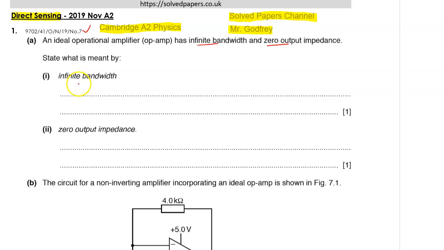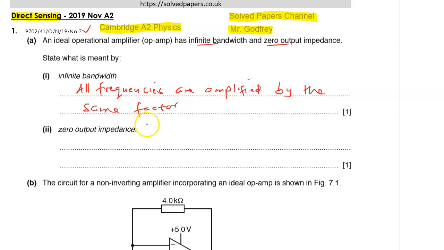So all frequencies that are input in the op amp are going to be amplified by the same factor. If the amplification is by 10, then all of them will be amplified by 10.